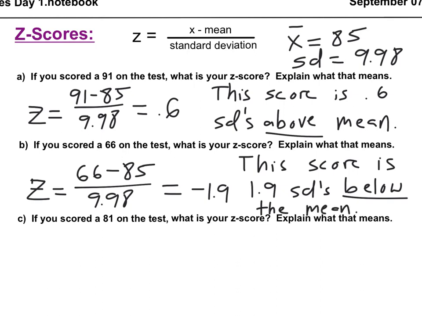How do I know it's below the mean? Well, I got a negative Z-score. Negative Z-scores always mean that you have a piece of data that is below the mean. Okay? Positive Z-scores are above the mean. But then if you just look at the actual data itself, you're like, well, yeah, the mean was 85 and the score was 66. That's well below 85.